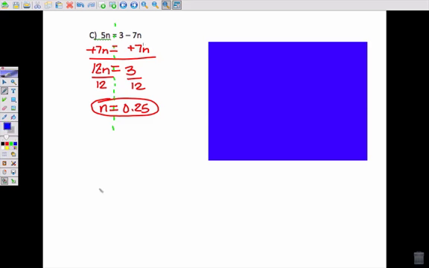If your answer was, say, 4 divided by 12, if you put 4 divided by 12 in your calculator, you'd get 0.3 repeating, and it would fill up your calculator screen.